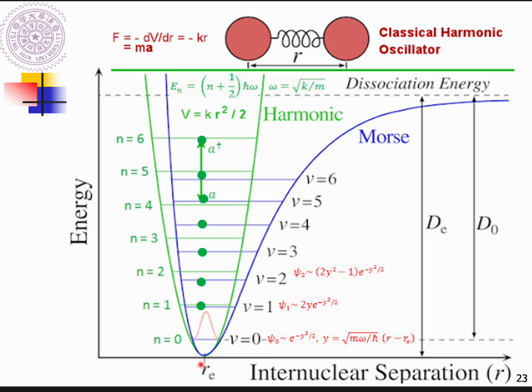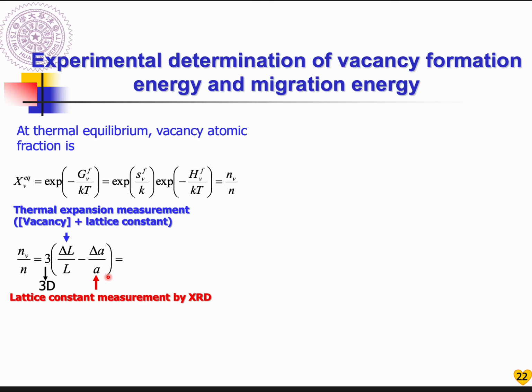So here we can see that when you increase the energy, the lattice constant increases in the meantime. So this is the quick review regarding the change in lattice constant as a function of temperature.